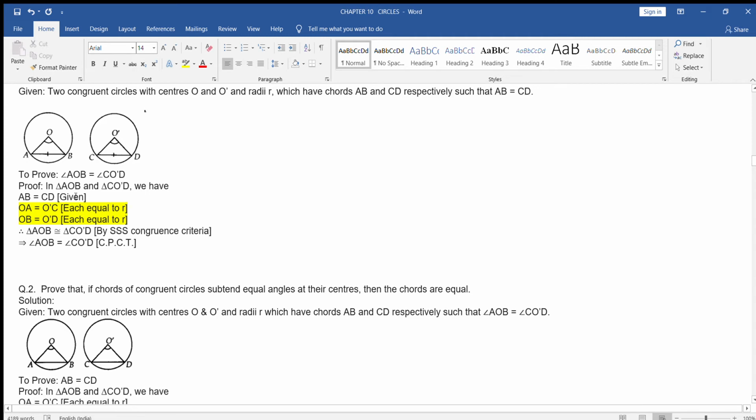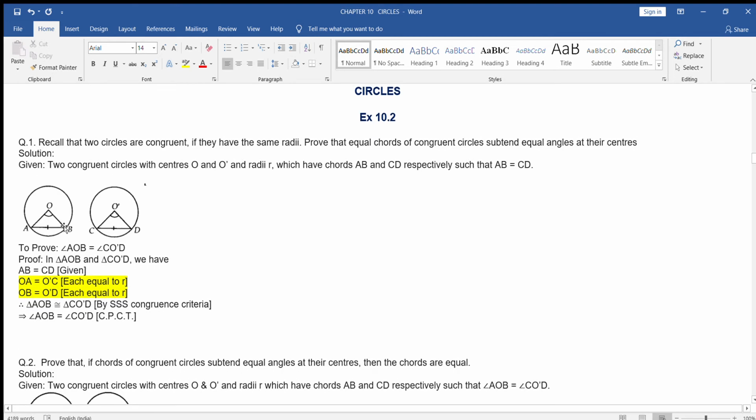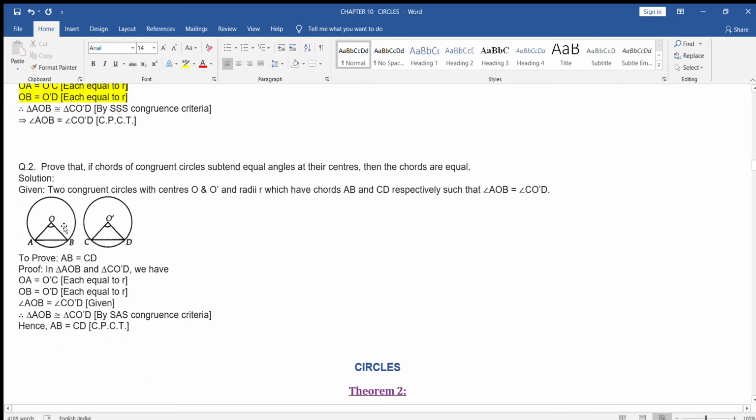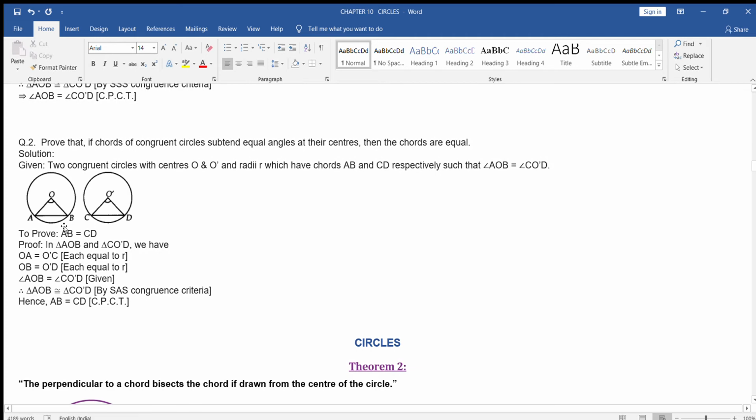So we have three sides equal, and by the SSS criterion, both triangles are congruent. Once both triangles are congruent, the remaining parts are equal. What are the remaining parts? The angles are equal. So what have we proved? That in congruent circles, if there are equal chords, they subtend equal angles at the center.